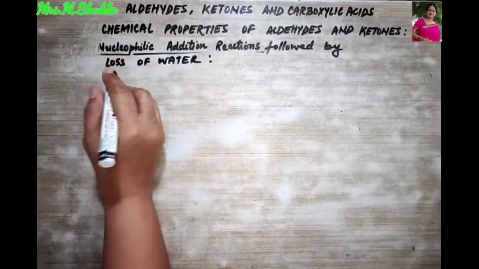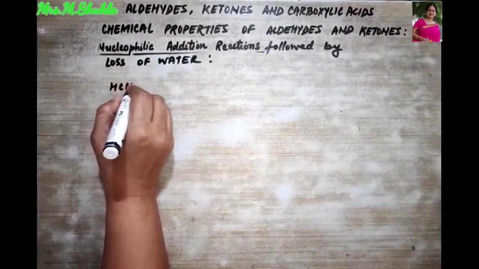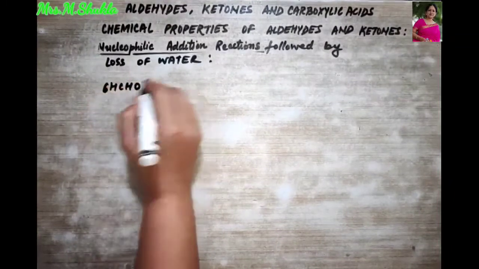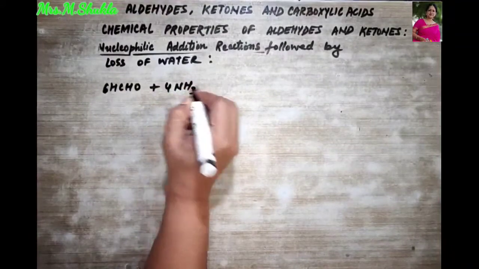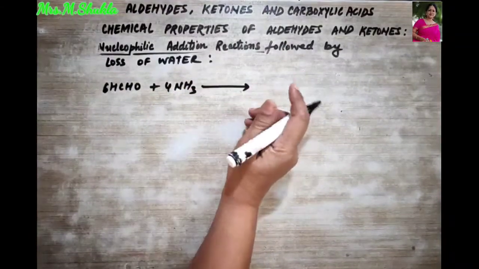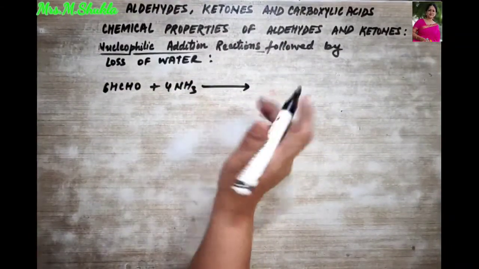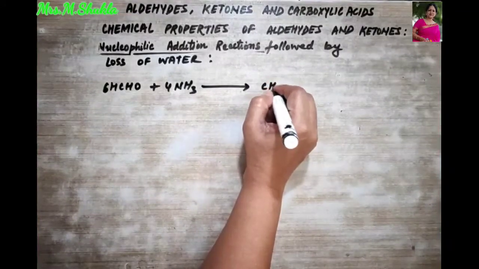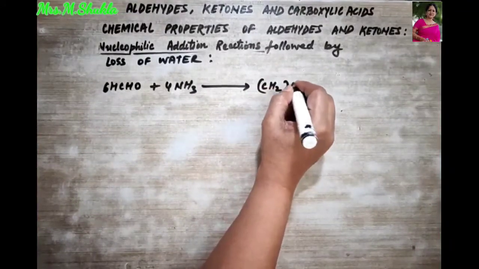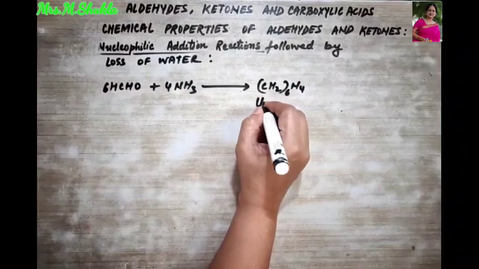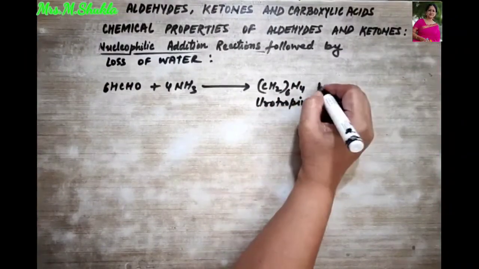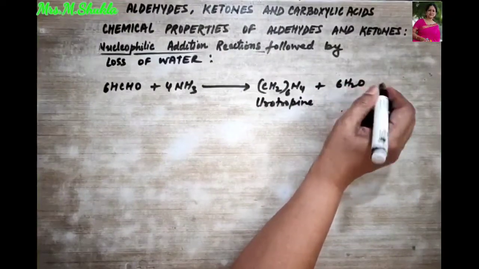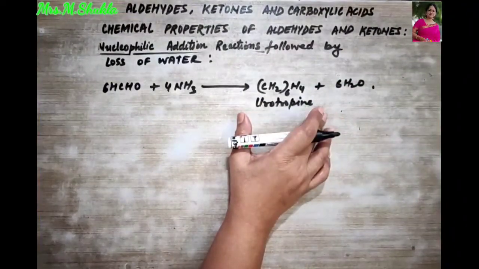So I'll write this and show it to you. Formaldehyde, when it reacts with ammonia: 6 molecules of HCHO react with 4 molecules of ammonia, they form urotropine, that is (CH2)6N4, plus water. What is this urotropine also called?